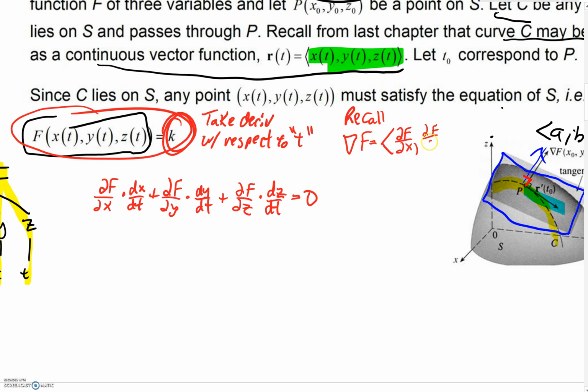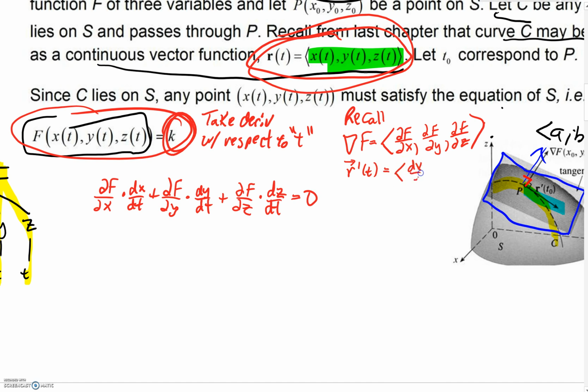Take a look right up here with r. r is a vector also. Well, what about r prime of t? r prime of t would be dx/dt, dy/dt, and dz/dt.